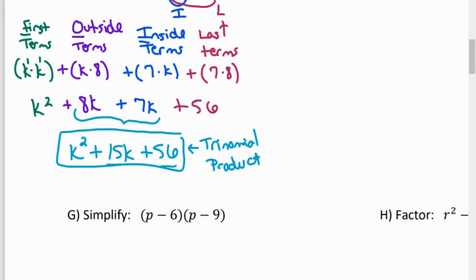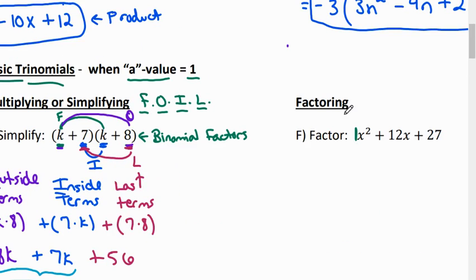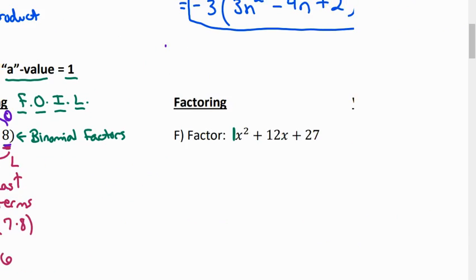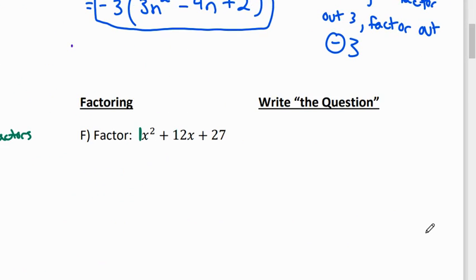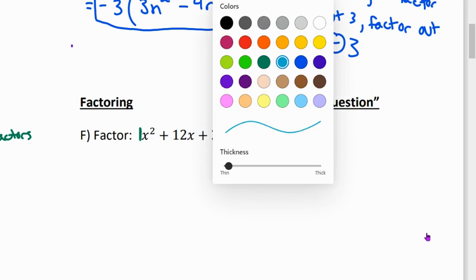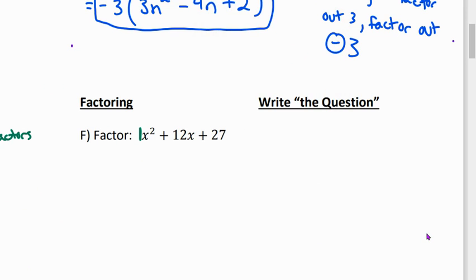So if we are given x squared plus 12x plus 27, we have to, in our minds, ask a question. So we're going to write out the question that we're going to ask, because this is mental. A lot of factoring is mental. So you have to know what to ask yourself.